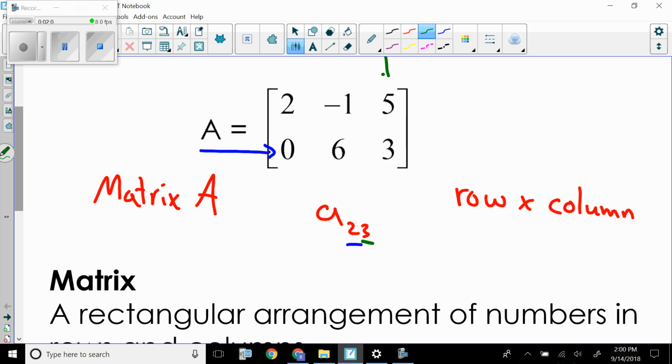Column 3 is this one right here. So I'm looking for the intersection of those two, which, if I drag it over, is the 3. So A23 is the number 3. Now would be a great time to pause the video and listen to me say that again. A23 is the number 3.